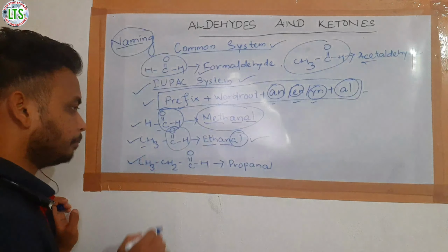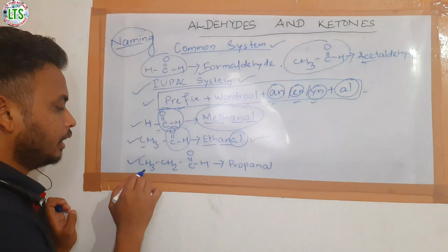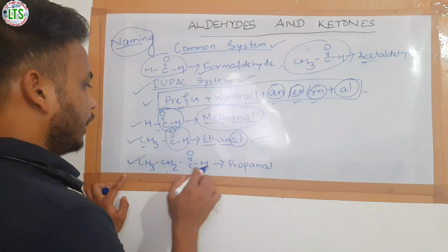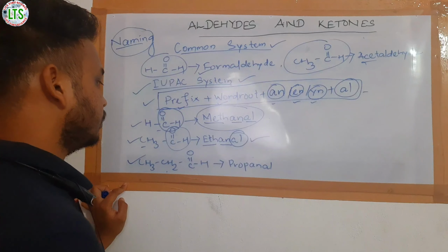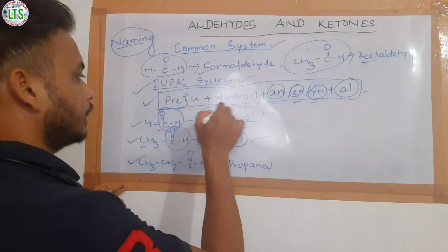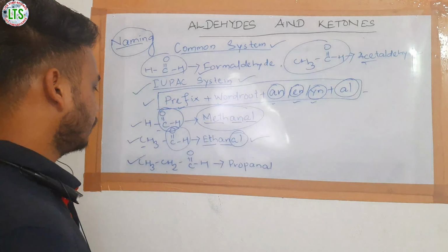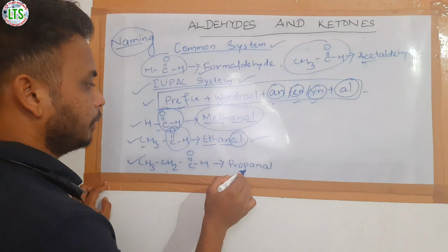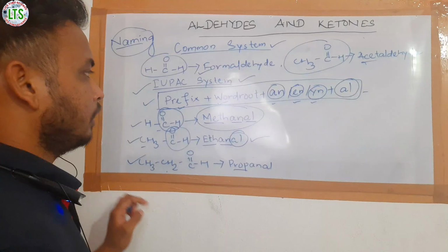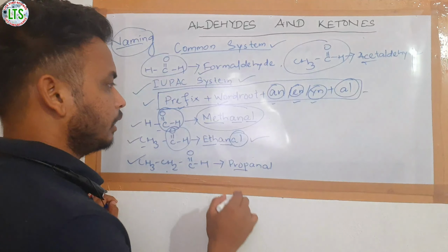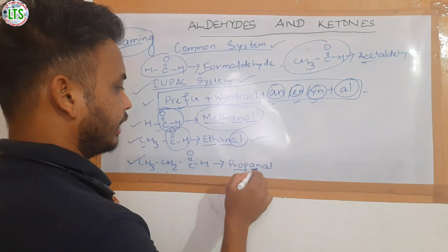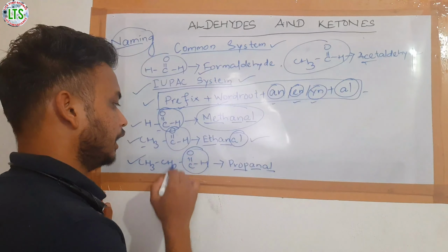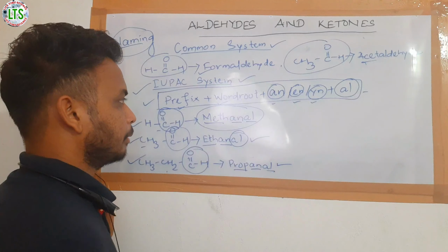Like that, in the compound CH3CH2CHO, there is no prefix. So next we go to the word root. There are 3 carbon atoms, so the word root will be prop. There is a single bond between the carbon atoms, so we write AN and the suffix AL for the aldehyde group CHO. So the name is propanal.